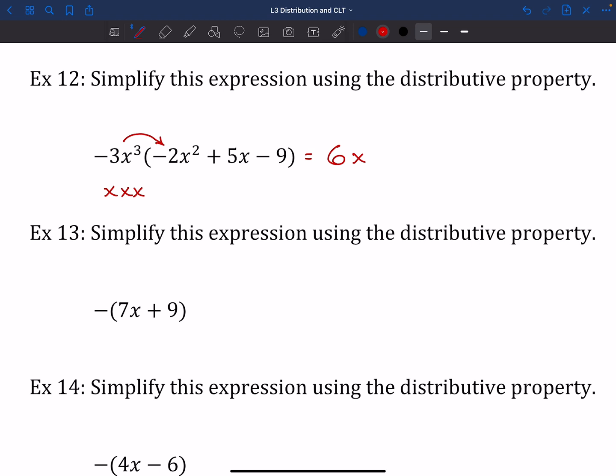X to the third. On the inside, I've got x squared, which is 2 x's. So all together, however many x's I have multiplying, that's going to be my exponent. So in this case, I've got 3 on the outside times 2 more on the inside. That's 5 x's total. So that's where we're going to get that 5th power from there, all right?